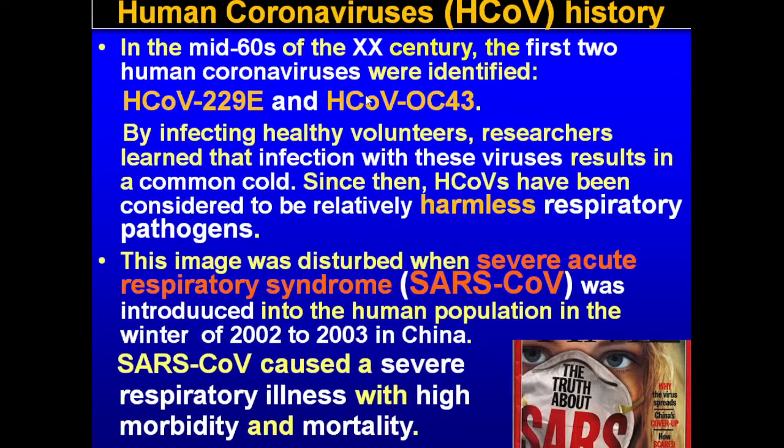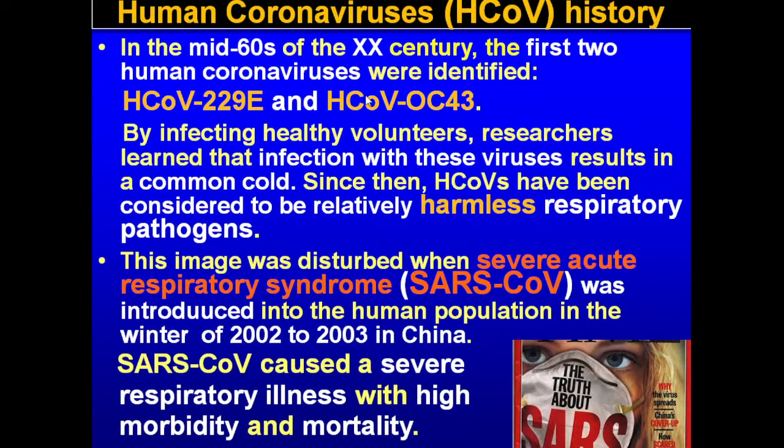The disease was so weak and so mild that it was considered a relatively harmless respiratory pathogen. So, in fact, we forgot about this pathogen, and I didn't see any important research works on it. That went on for about 30, 40 years.